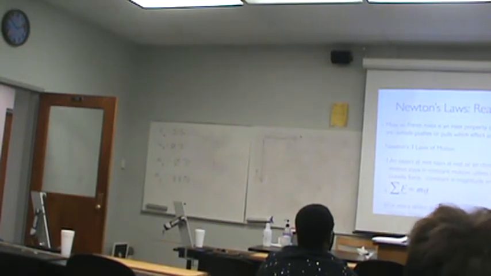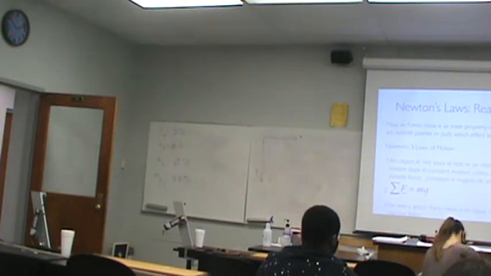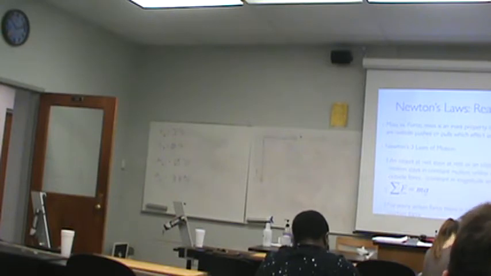Newton's 3 laws of motion are very important for how we understand most things that happen on planet Earth. The first of Newton's 3 laws of motion says, an object at rest stays at rest, or an object in constant motion, which means constant velocity, remains in constant velocity unless acted upon by an outside force.